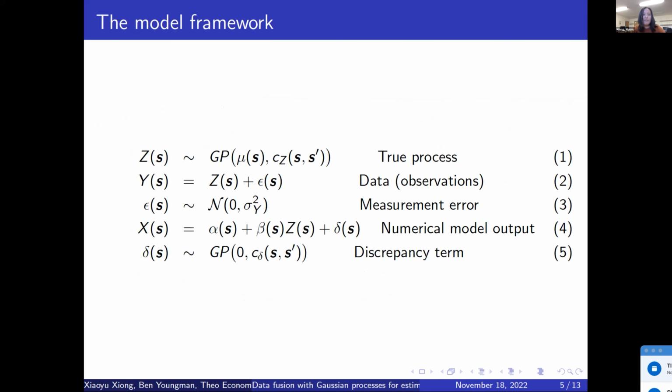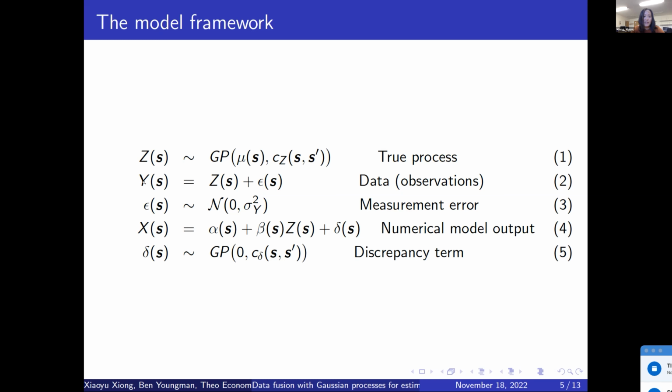And so we have developed a framework that is able to tackle the aforementioned challenges simultaneously. First we model the true process Z(s), where s denotes the locations, as a Gaussian process with a mean mu and some covariance C_Z(s).